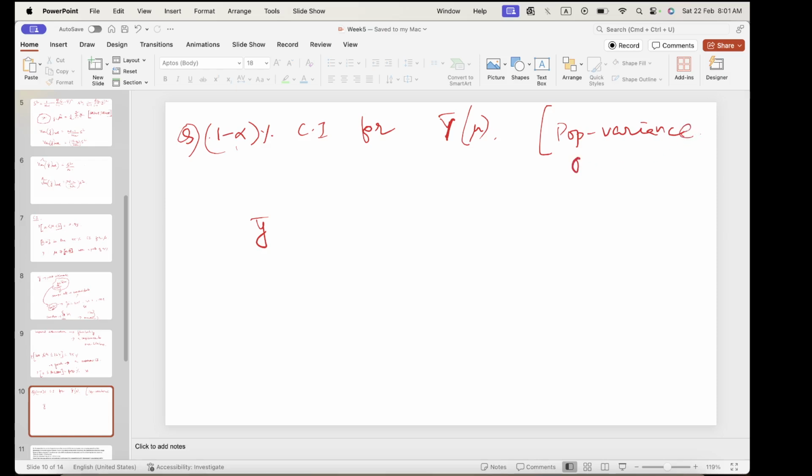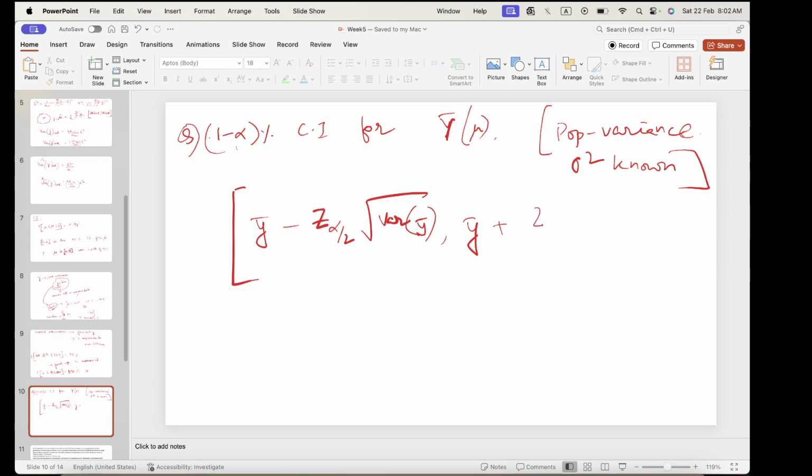Let us first assume capital sigma squared is known. Then the 1 minus alpha percent confidence interval would be the sample Y bar minus Z alpha by 2 times the root of the variance of Y bar, and Y bar plus Z alpha by 2 times the root of the variance of Y bar.